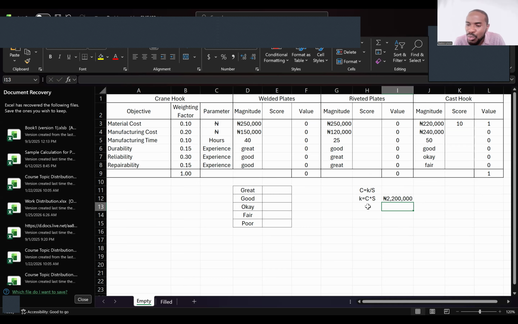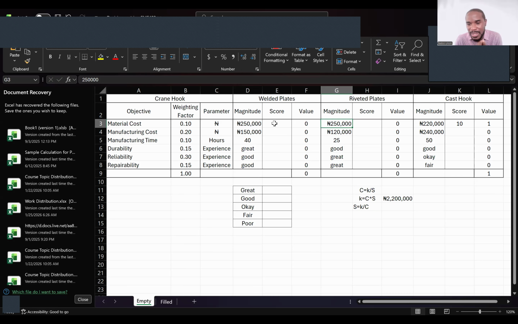So if we now want to know the score using this equation, the score for a given magnitude of the material cost is the constant K divided by the cost. So when we want to know this score here, we will take this 2,200,000 naira and divide it by the cost we're now dealing with. That will give us the score for the riveted plates.